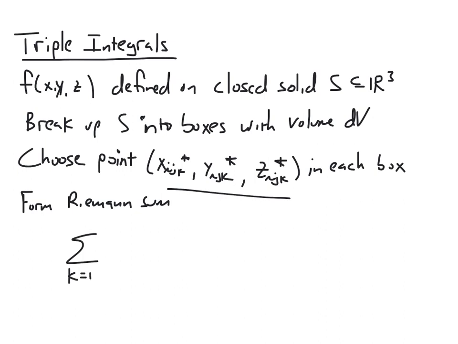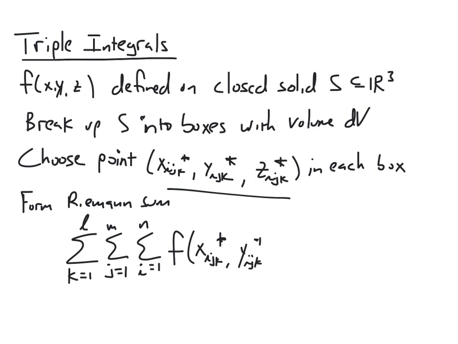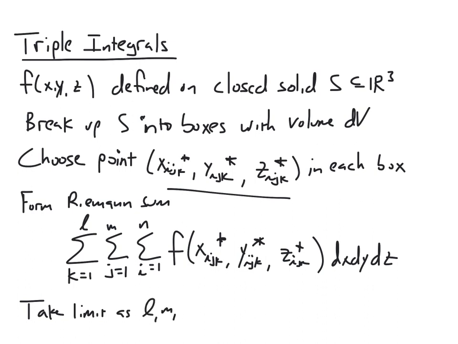So this is going to be the sum for k equals 1 to L, j equals 1 to M, and i equals 1 to N of the function value at our chosen point, f of x_ijk star, y_ijk star, and z_ijk star, and then dx, dy, dz.